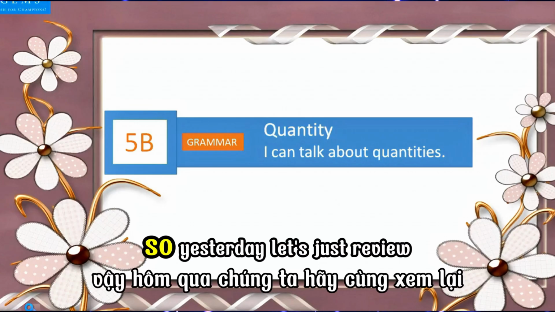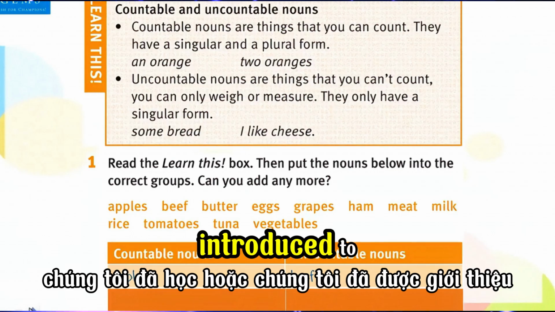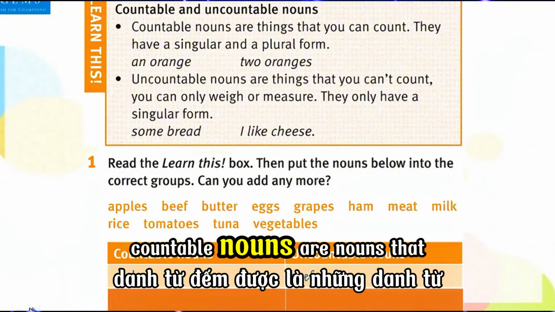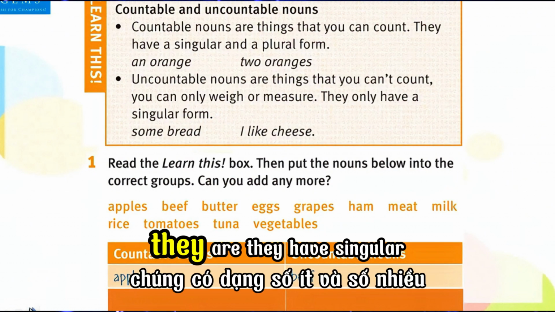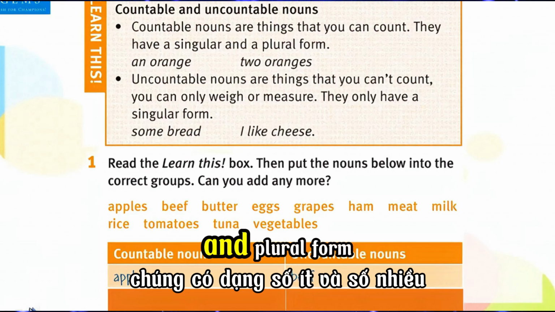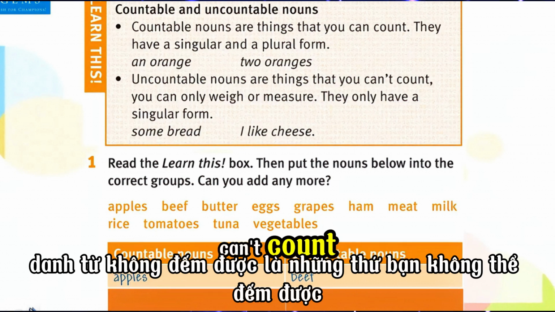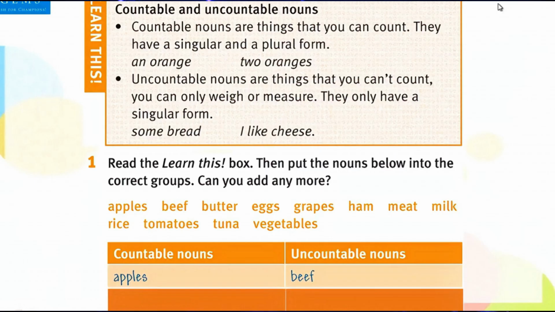Yeah. Alright, so yesterday, let's just review. We were introduced to countable and uncountable nouns. Countable nouns are things that you can count. They have a singular and plural form. Uncountable nouns are things you can't count, you can only weigh or measure.